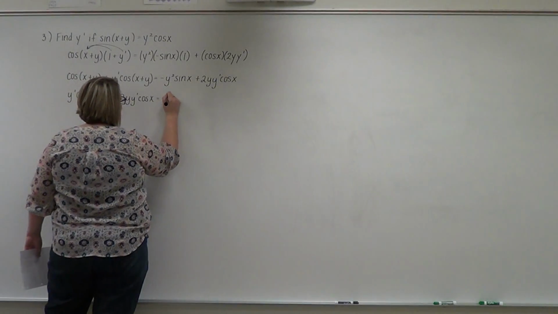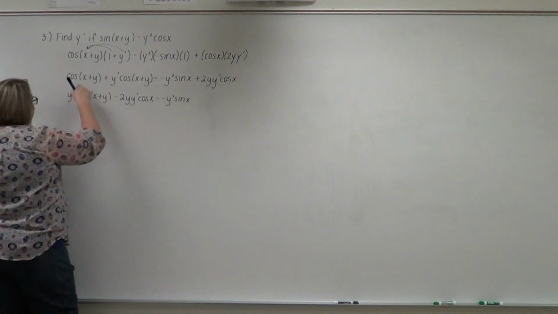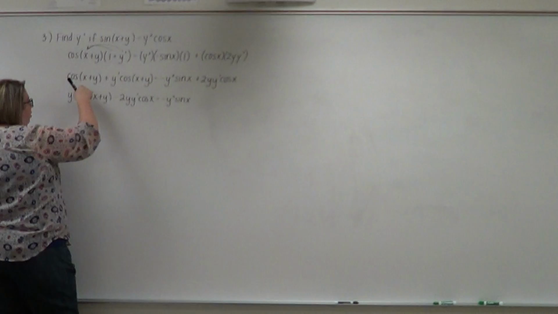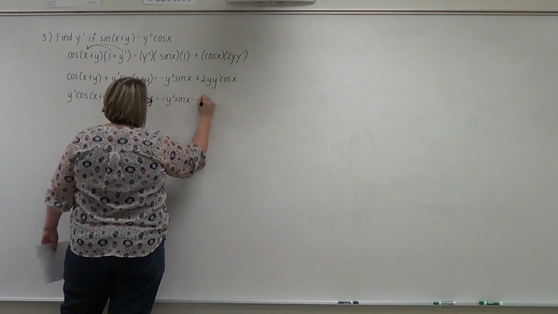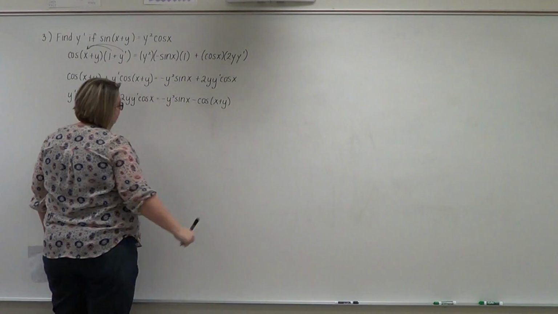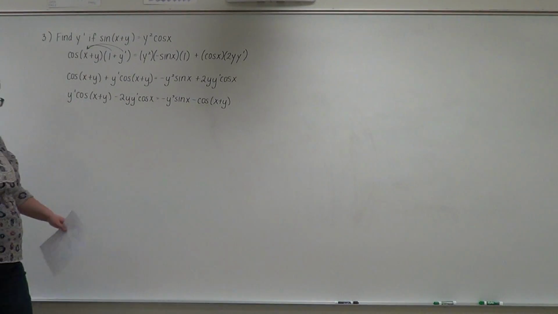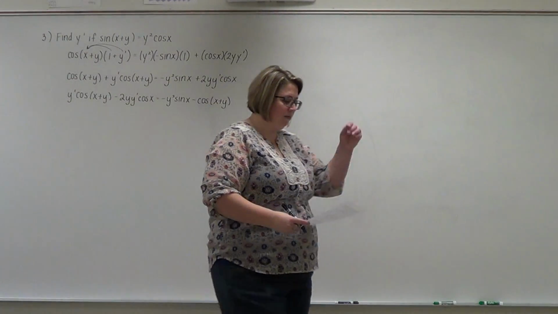My negative y squared sine x stayed here. And then I needed to move this part because it doesn't have a y prime, so I would have subtracted cosine x plus y. So I got my y primes on the left, everything else on the right.